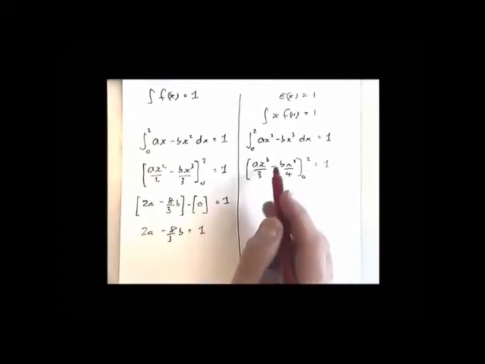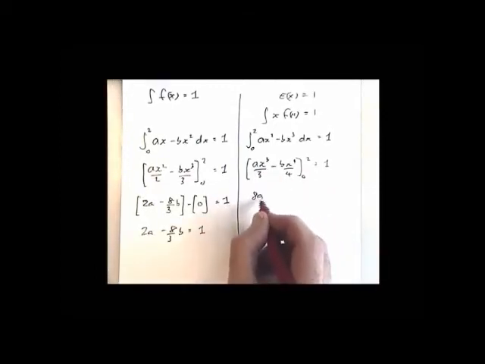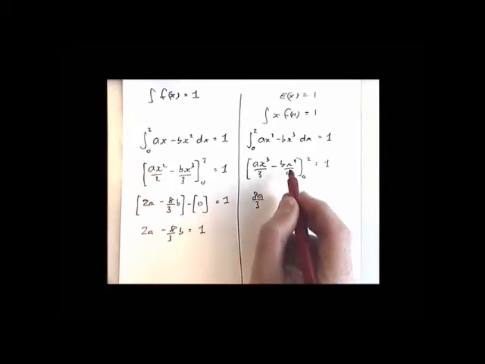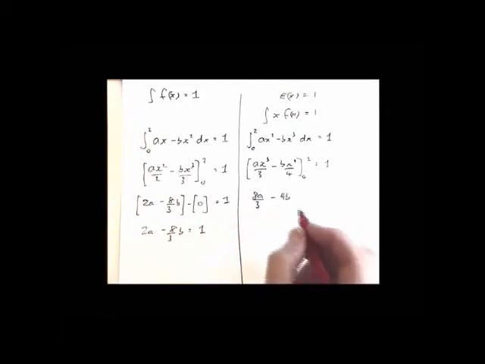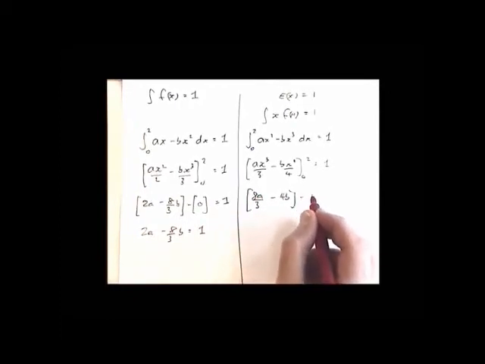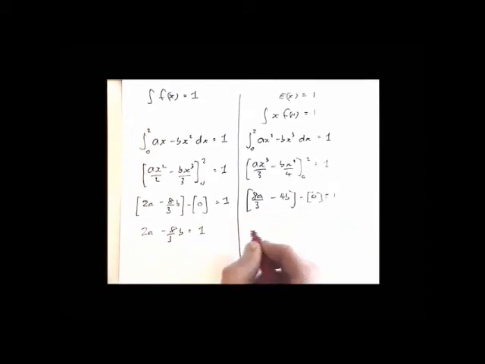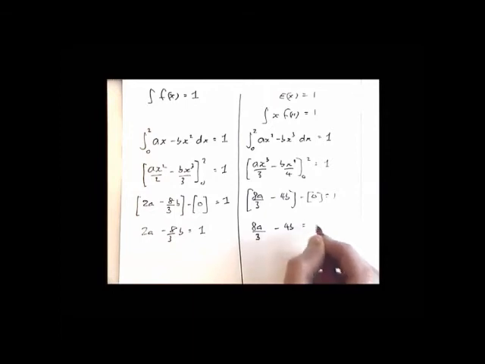So, 2 cubed is 8. 2 to the power 4 is 16, divided by 4 is 4. When I put 0 in, I'm not going to get anything again. So I end up with this equation. Now at this point, what are you going to do?